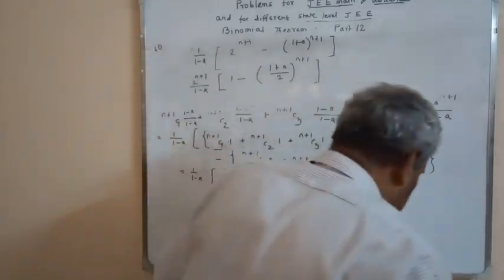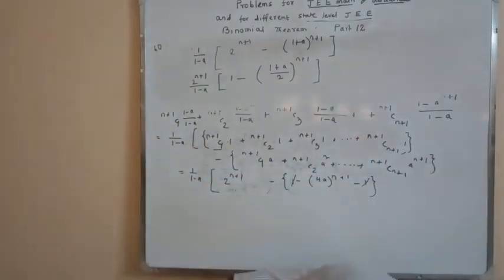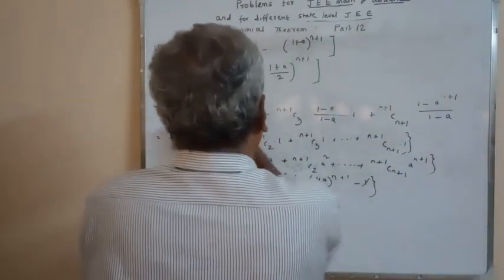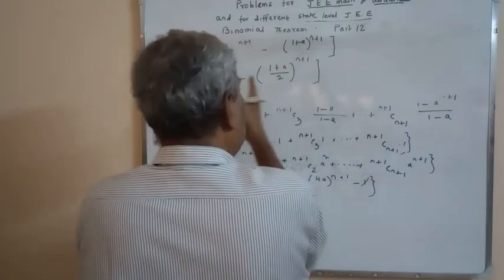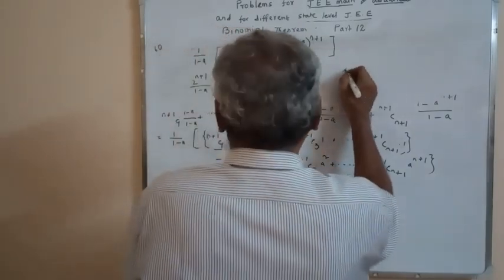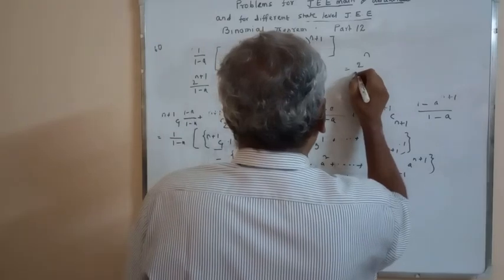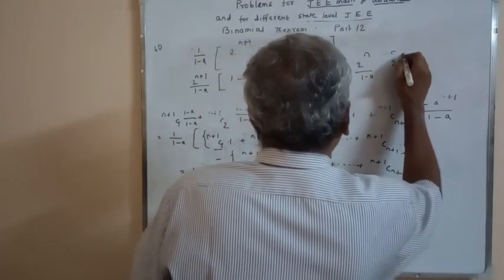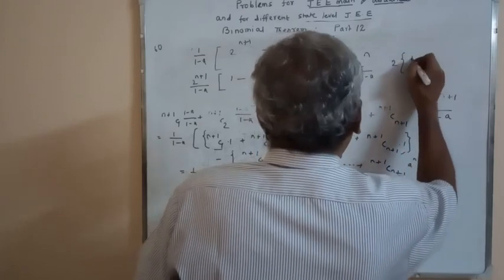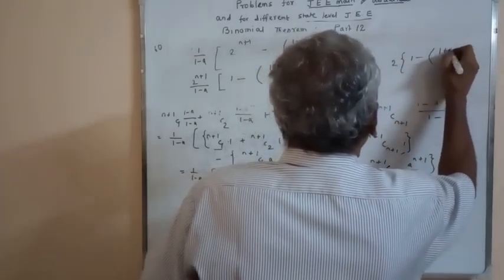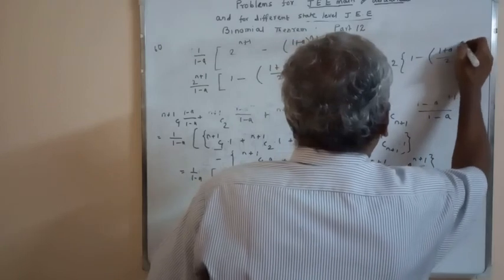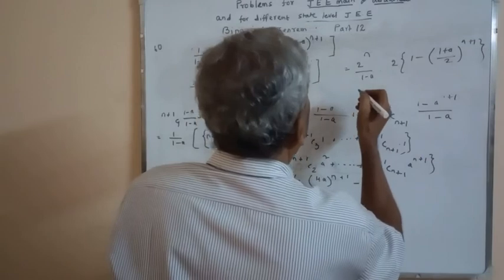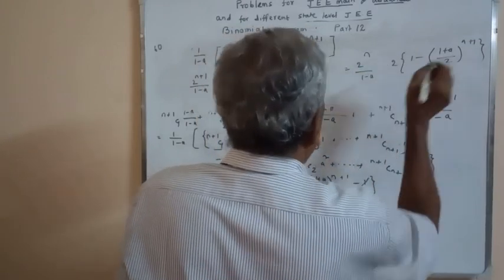And this is nothing but 2 to the power n into Tn, because 1 by 2 should be there for Tn. It is equal to 2 to the power n by 1 minus a into 2 into 1 minus 1 plus a by 2 to the power n plus 1. This by that is Tn.